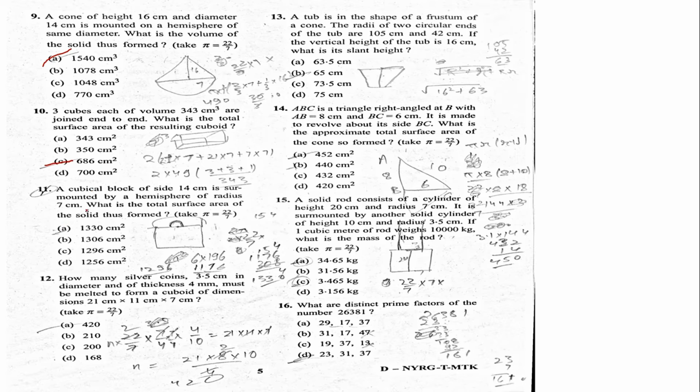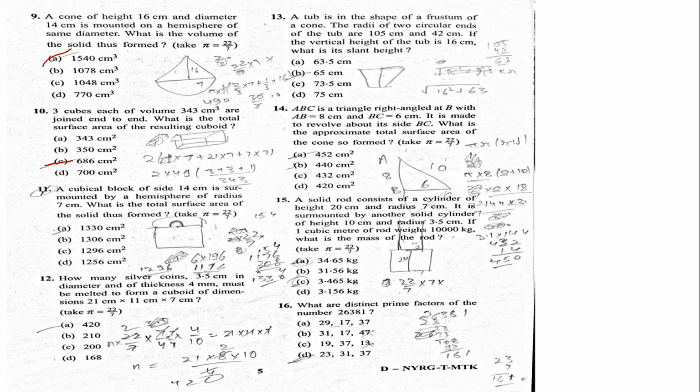Now the 11th question, a cubical block of side 14 centimeter is surmounted by a hemisphere of radius 7 centimeter. This is the case, this is the hemispherical shell, and the radius is given to be like this.